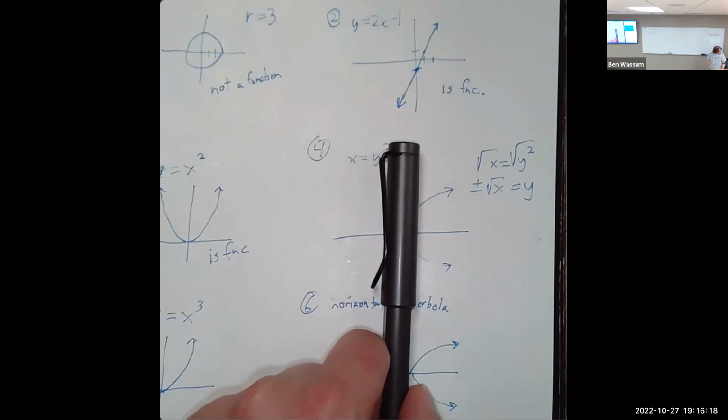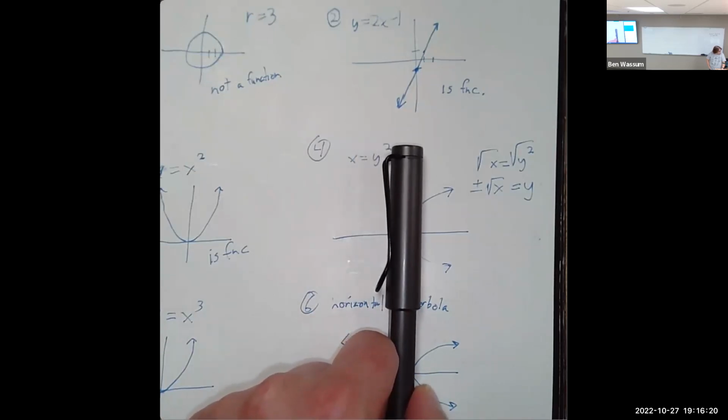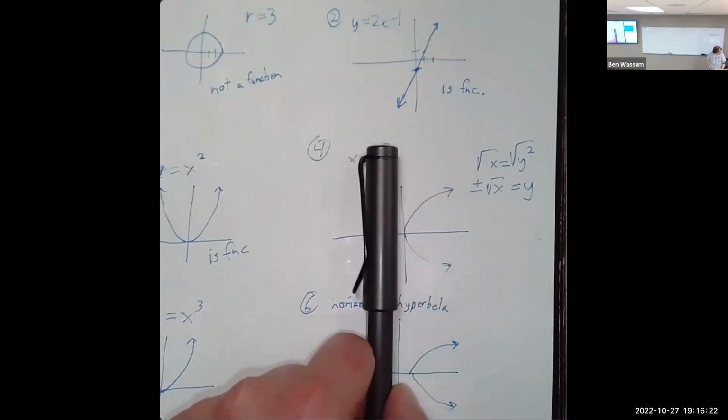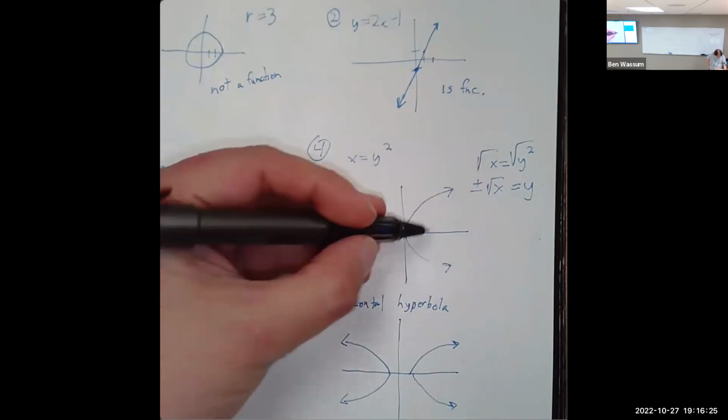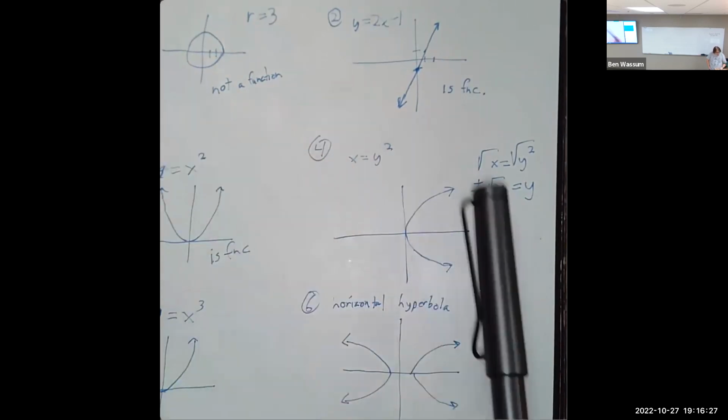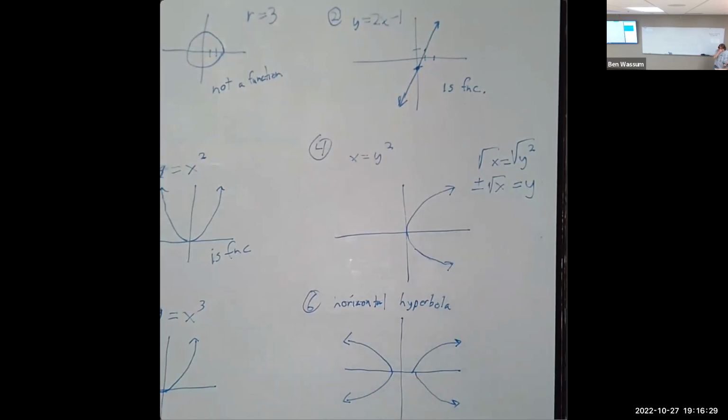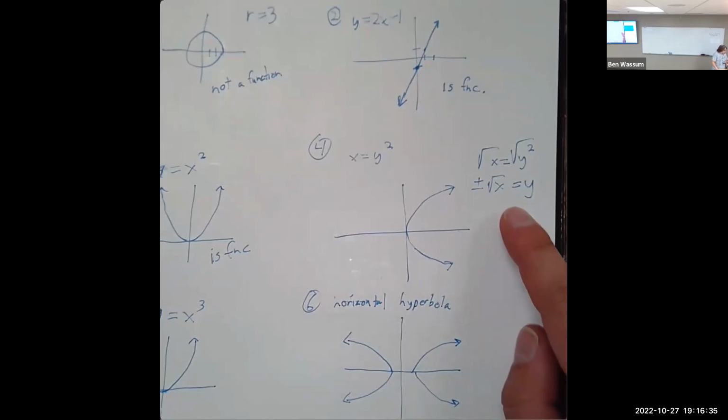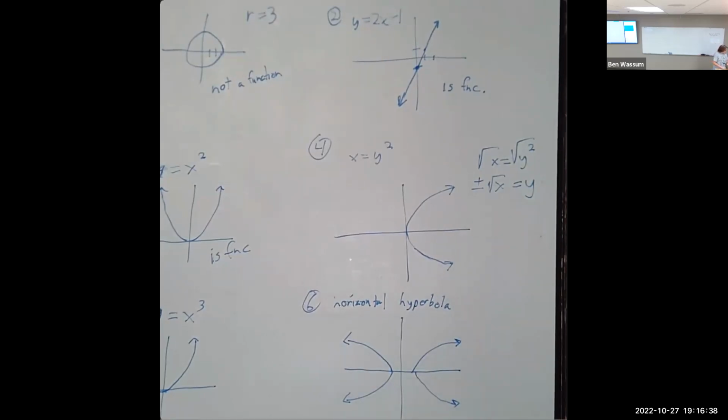Every single thing completely fails that vertical line test. And that is why it's that plus or minus thing right there. If I square root both sides, technically you get a plus or minus. Very useful to know when you get this stuff. Okay. So that is why this one is not a function.